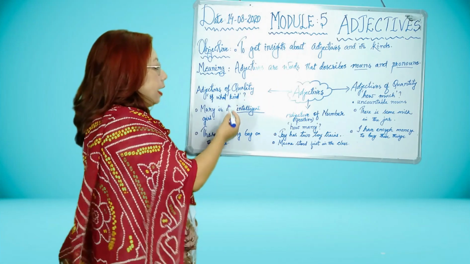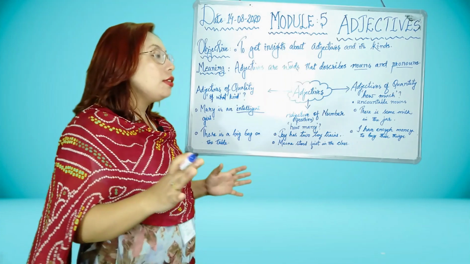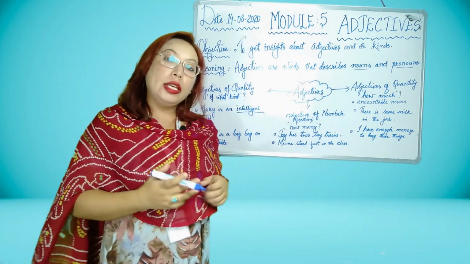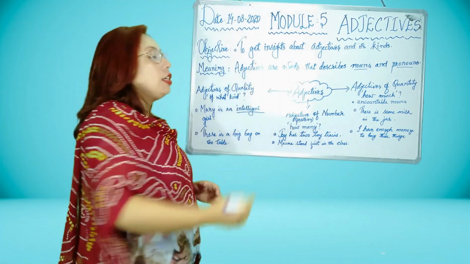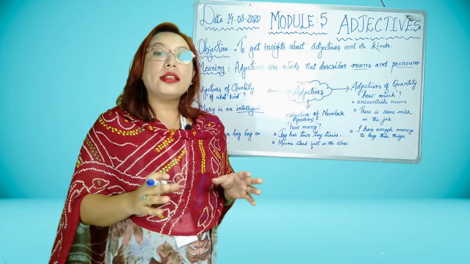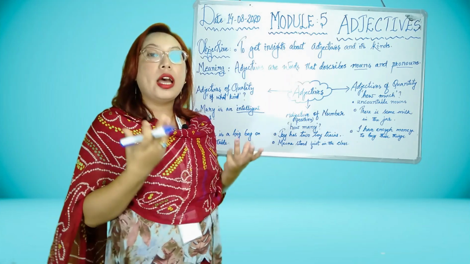You will get the answer that she is an intelligent girl. It tells us of what kind the noun is. The noun Mary is an intelligent girl. So this kind of adjective is called adjective of quality, which tells us the quality of the noun or what kind the noun is.